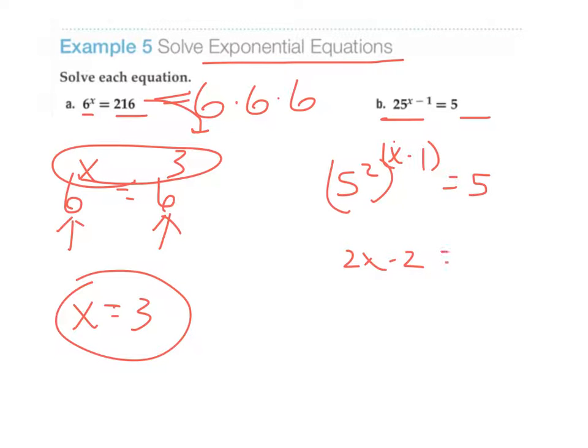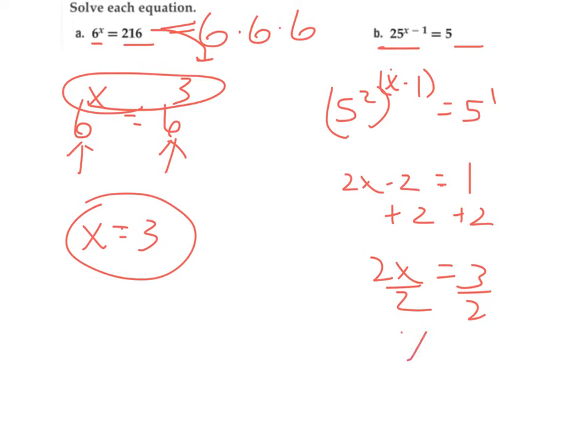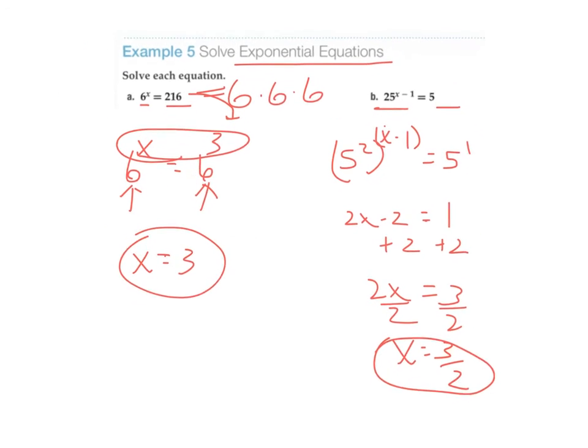And that equals, well, what's the exponent over here when there's not one written? It's a 1. So that equals 1. So now we come back to one of the fundamentals, solve an equation. So I add 2 to both sides, and so I get 3. And when I divide by 2, I get my answer: x equals 3/2. And so that's how I solved this equation.